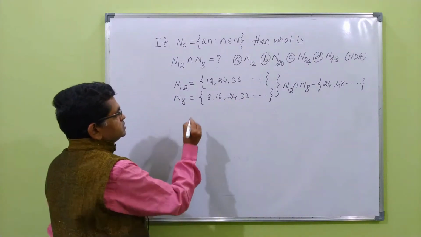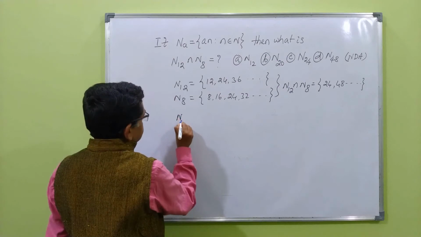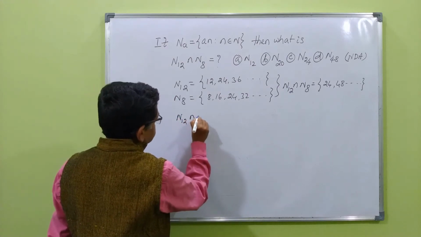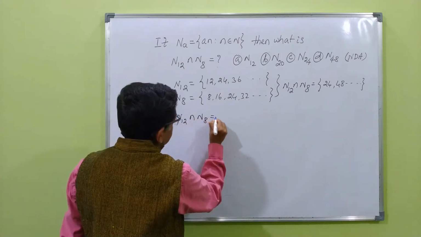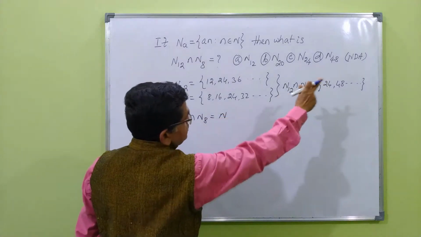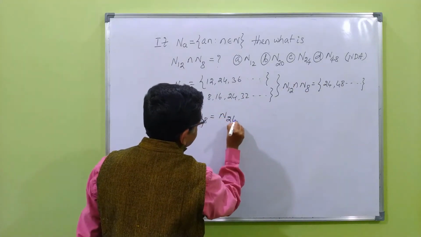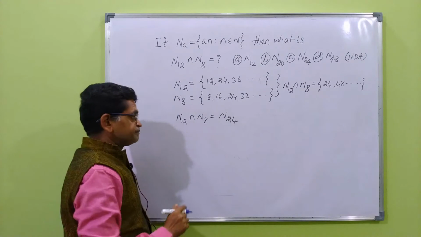So that implies N_12 intersection N_8 is equal to N_24, multiples of 24. Isn't it?